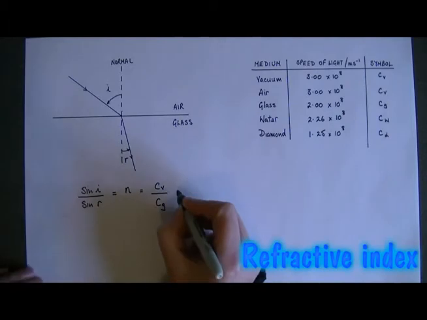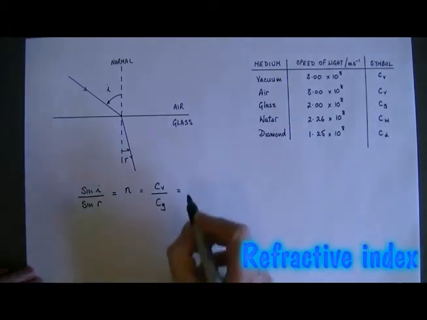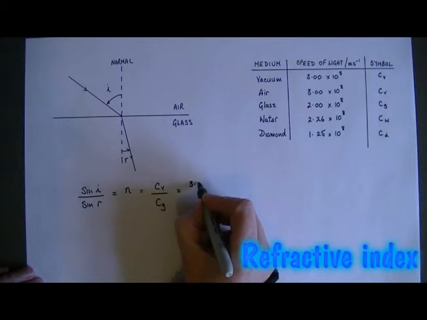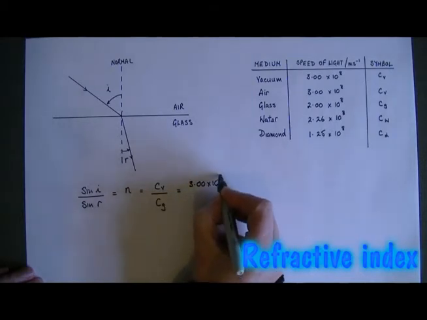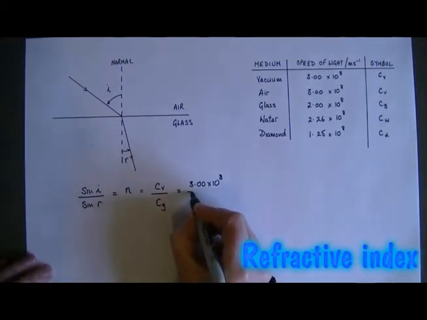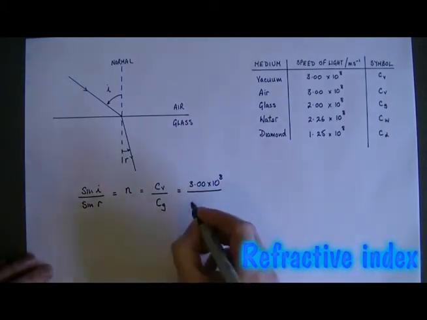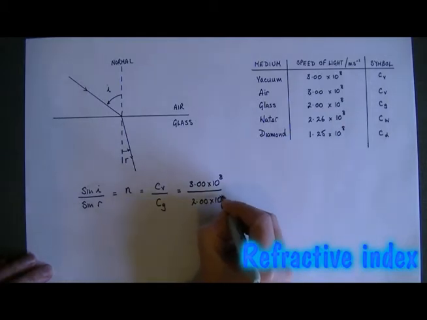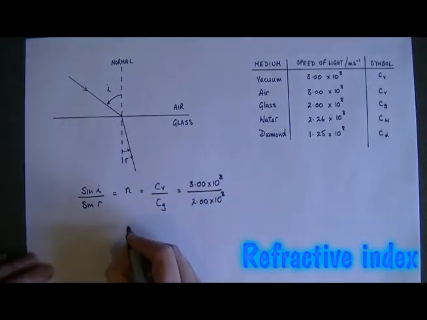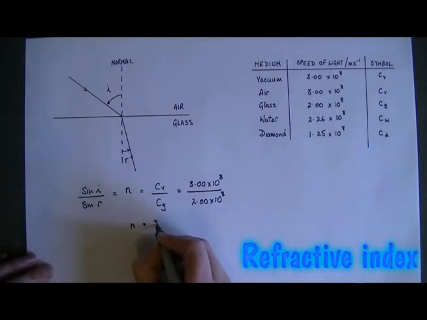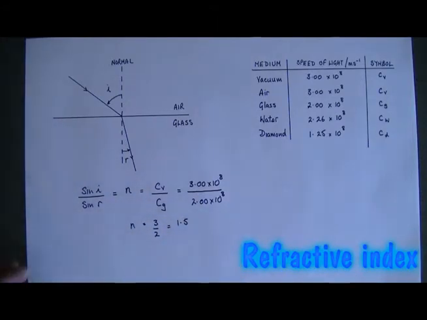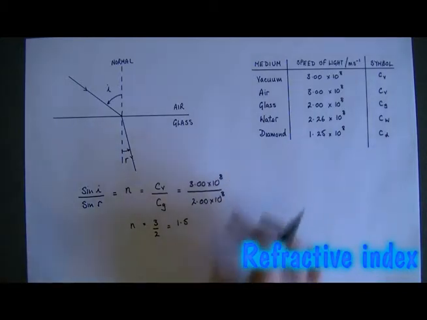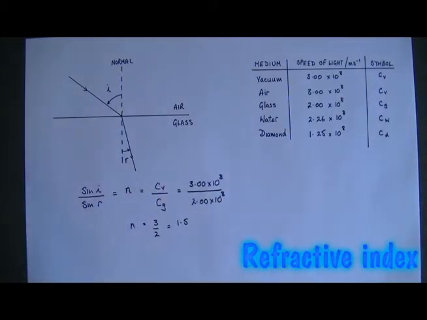So using the values that we know, Cv is 3.00 times 10 to the 8 meters per second divided by glass, which is 2.00 times 10 to the 8. So n for glass, the refractive index for glass, must equal 3 over 2, which equals 1.5. There are no units because we divided a speed by a speed.